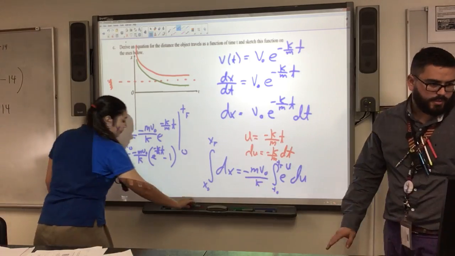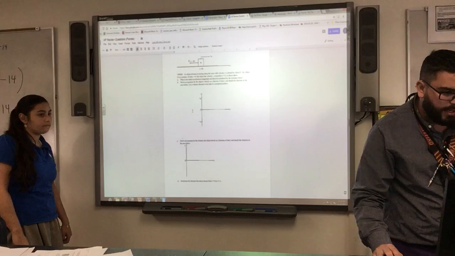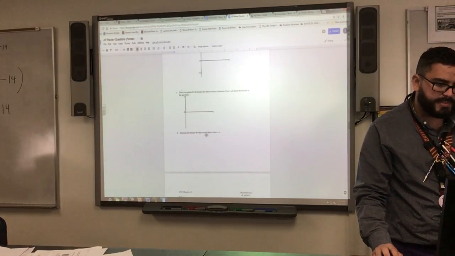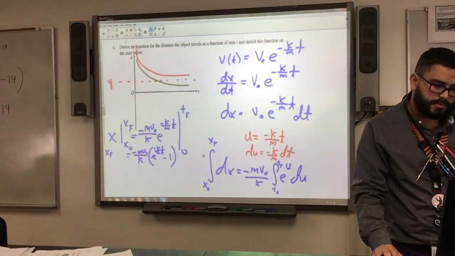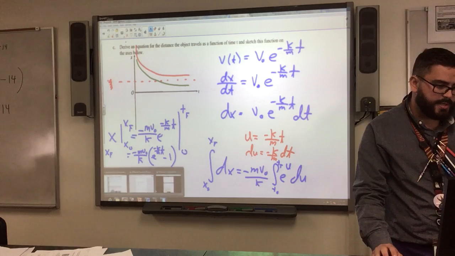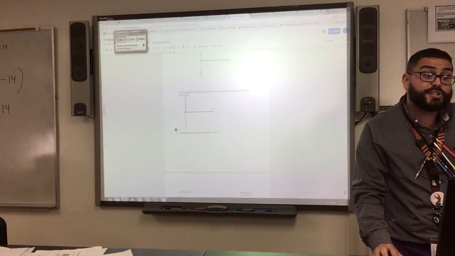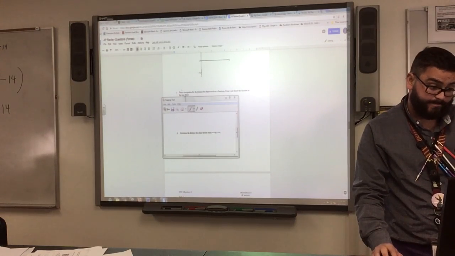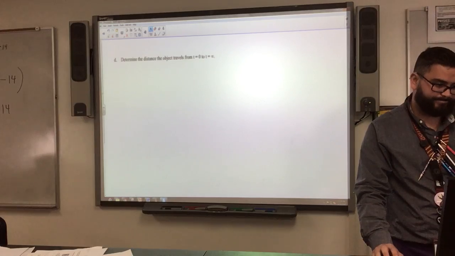Okay. Is there another part? D. Determine the distance the object travels from time t equals 0 to time t equals infinity. Well, and then once we do this, we can take a look at the solutions. Big, ginormous hint: from time t equals 0 to time t equals infinity. When it's infinity, e to the whatever is going to be 0.